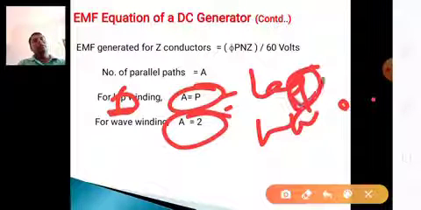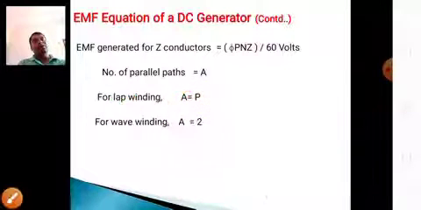So in lap winding the armature parallel paths is P, and in wave winding the armature parallel paths are 2.